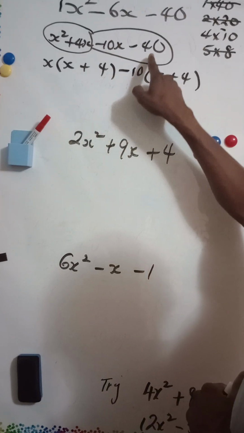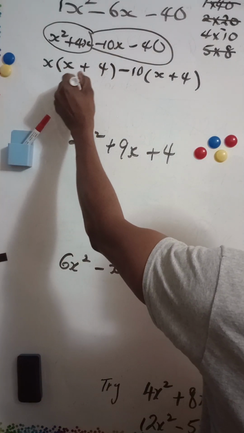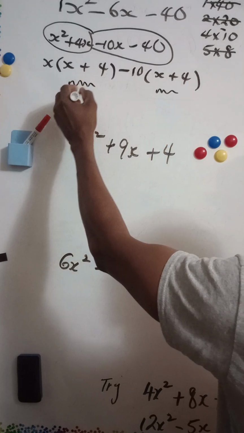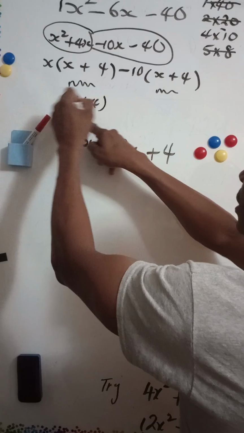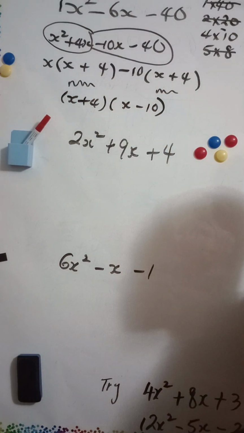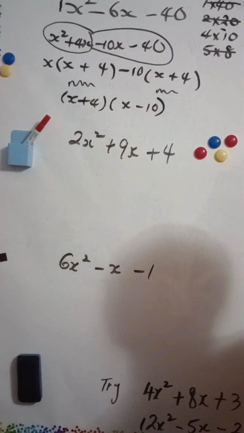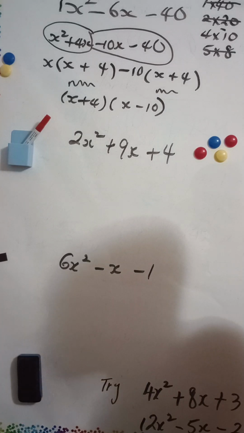And negative 10 into negative 40 is positive 4. And here now we're going to factorize again. So what's coming? I think that by now you should get it. We're going to have x plus 4 times x minus 10. And these are the factors of this quadratic expression.